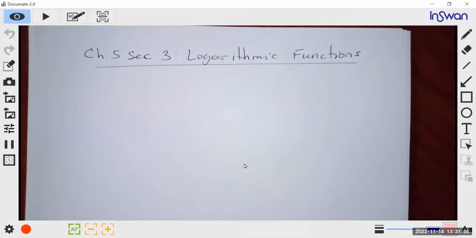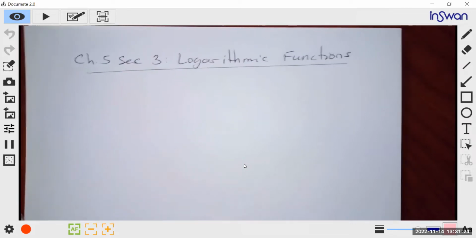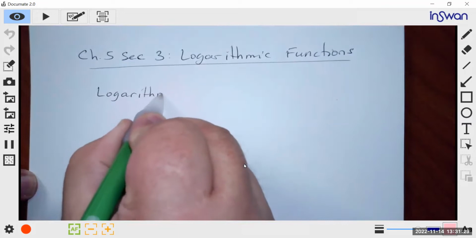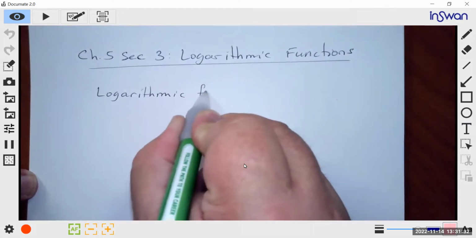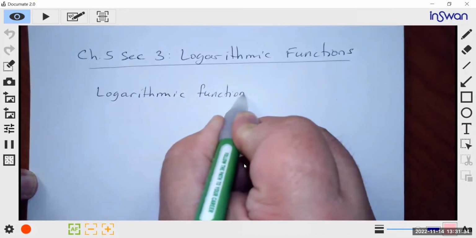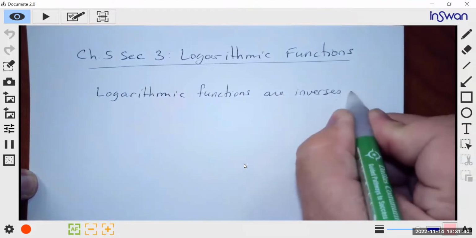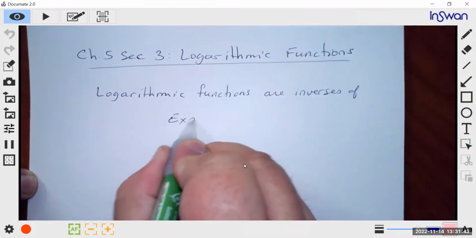There's a reason we started off this chapter by talking about inverses, because exponentials and logarithmics are inverses of each other. Logarithmic functions are inverses of exponential functions.